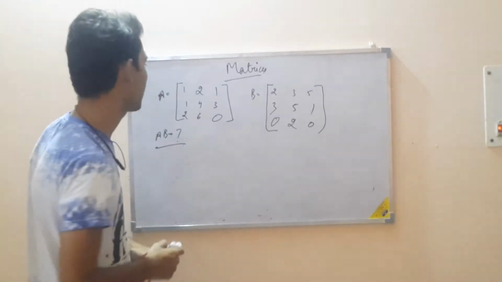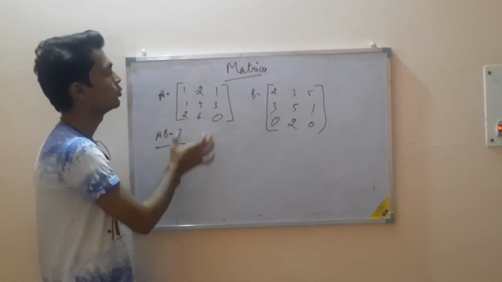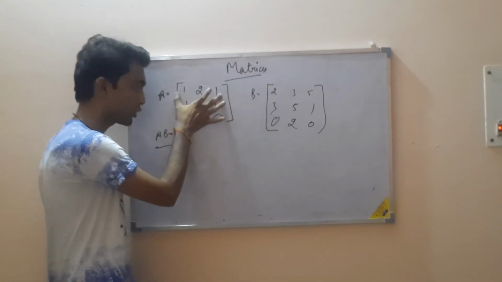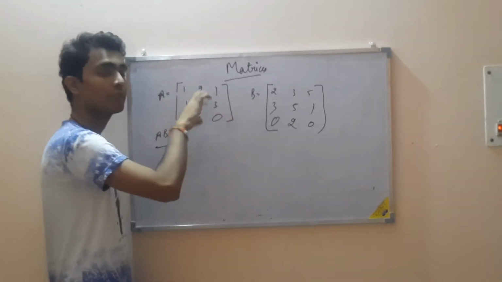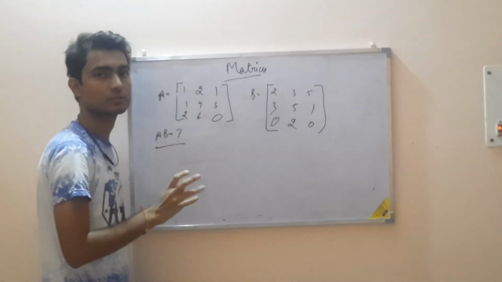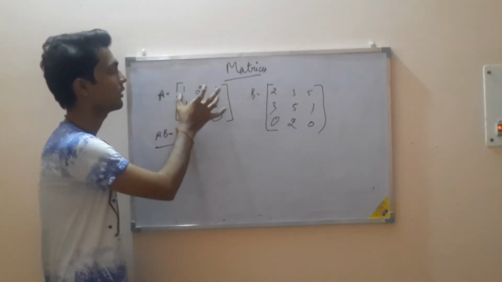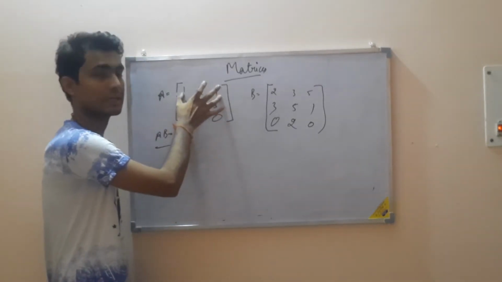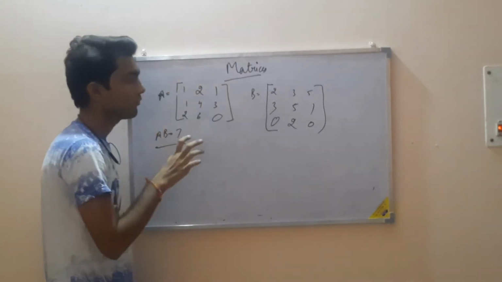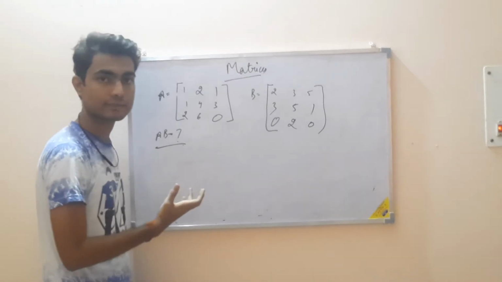I'm giving you a hint. Still, we will take a row at a time and multiply it with the corresponding column of the other matrix. I'm repeating again.